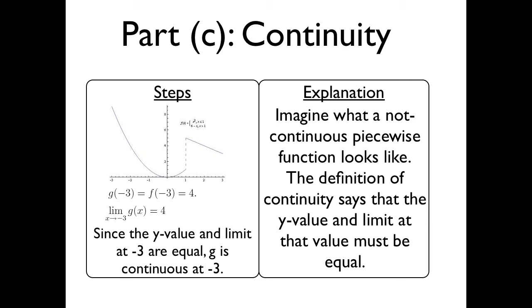If you look at the second equation at -3, that one is also going to be 4. So by the definition of continuity, since the y value is 4 and the limit is 4 and those are equal, g must be continuous at -3. You want all three of those conditions to be true.